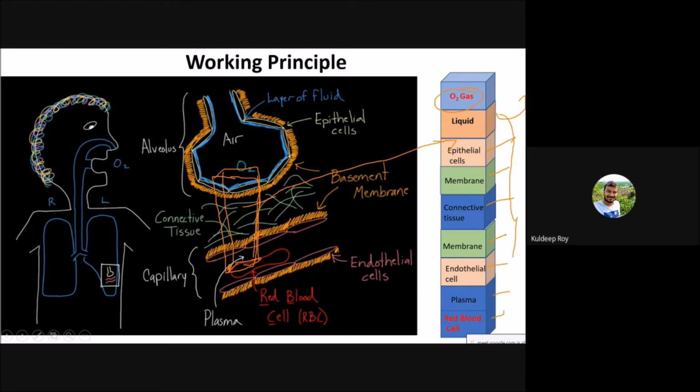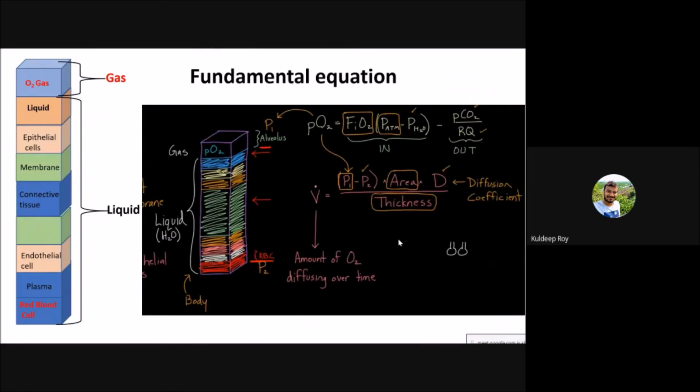From here to here, again 1, 2, 3, 4, 5, 6, 7, 8. Now you can see you have got 8 resistances to transport oxygen from the alveolus to the red blood cell. Okay, you have got this kind of resistance, but how will you approach and determine it in mathematical form? That is very important.